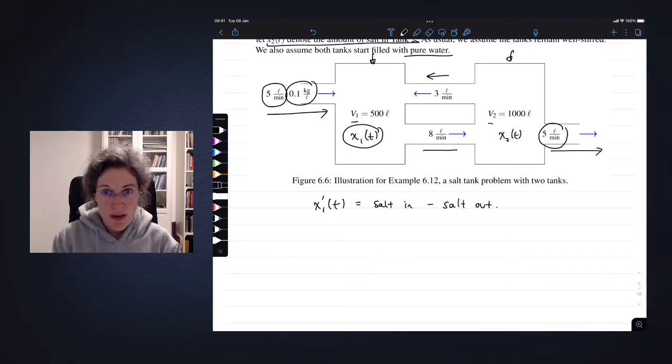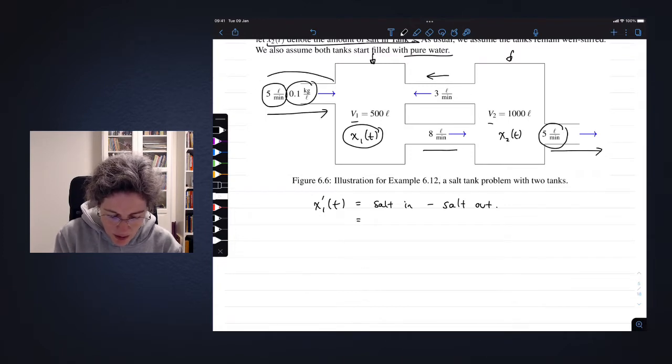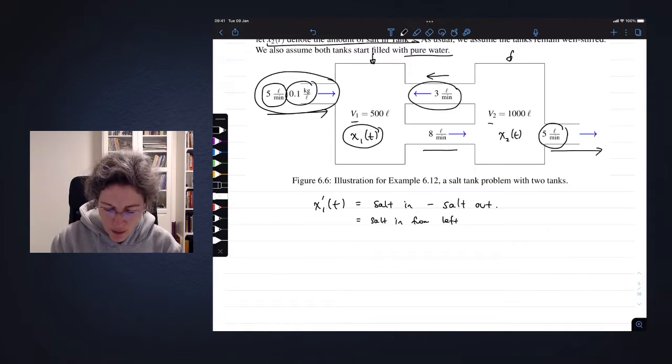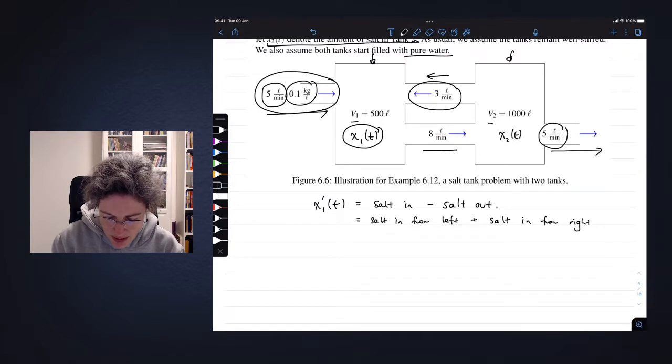When we think about this, salt in from the left, plus salt in from the right, and then minus the salt that's going out.